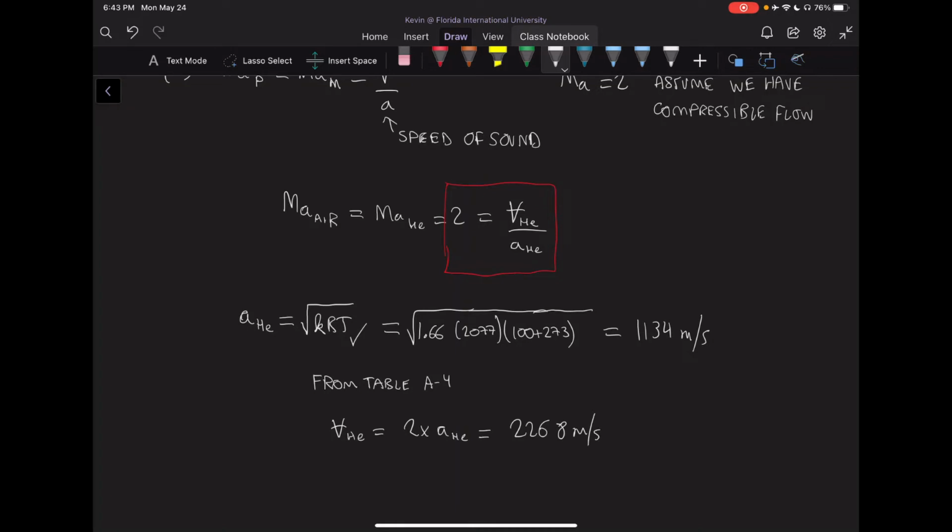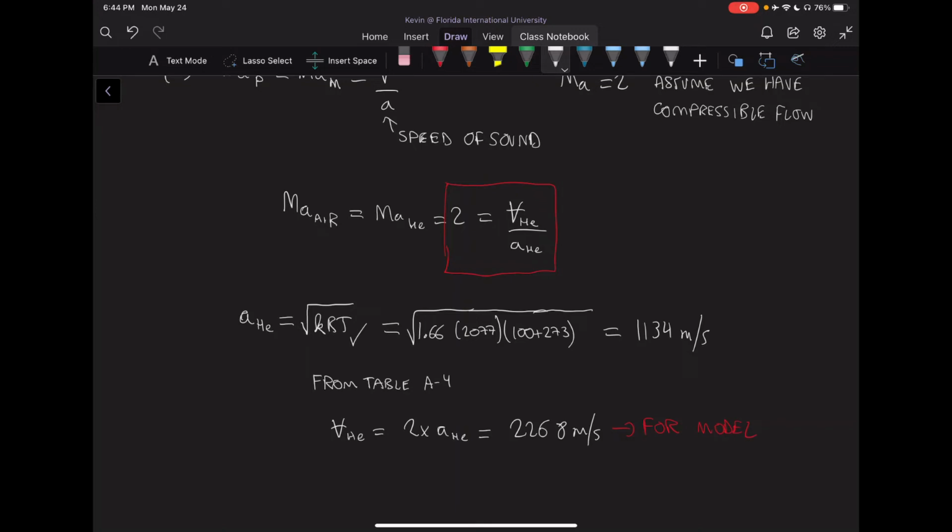So essentially, in order to match the Mach number, we have to use a speed of 2,268 meters per second for our model. Okay, so that's the first step in our problem.